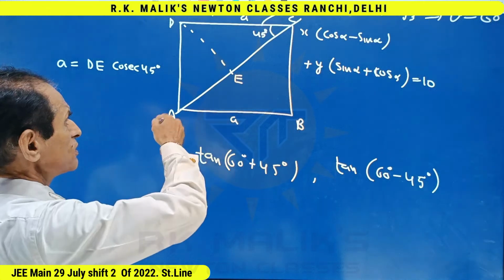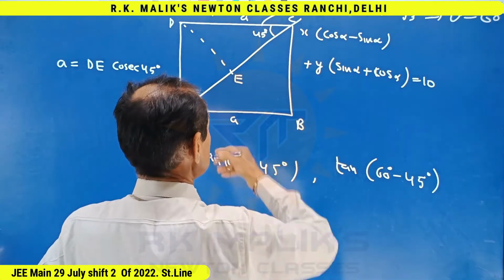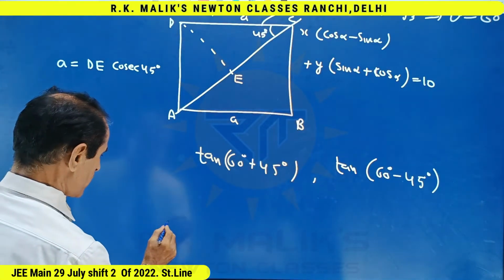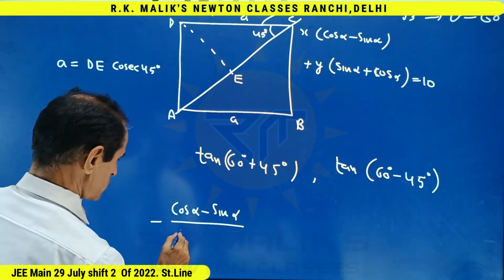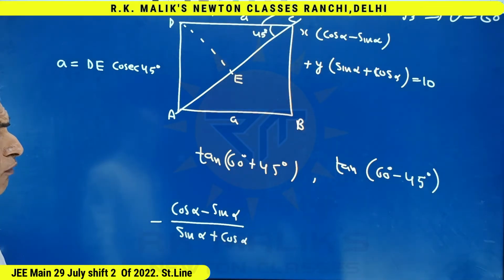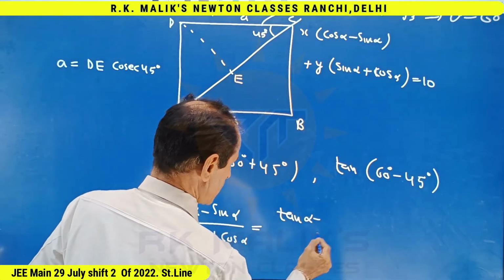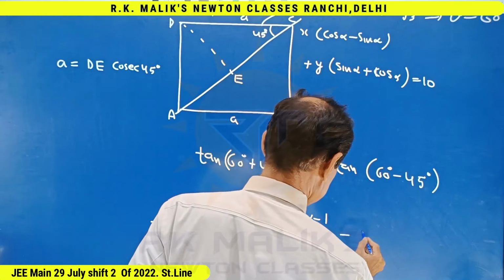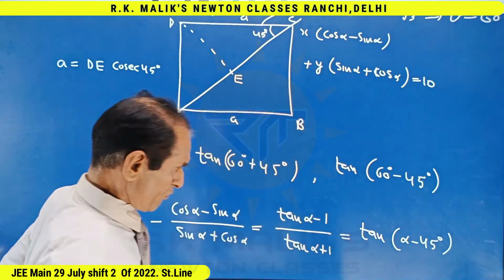But the slope of diagonal AC can be found from the equation of the diagonal AC, and from here I conclude that the slope is minus, this is the slope of AC, which can be written as tan alpha minus 1 upon tan alpha plus 1, that is tan alpha minus 45 degree.